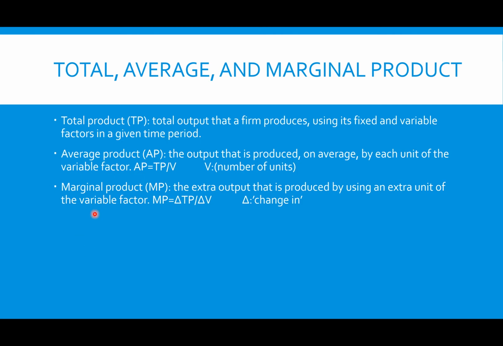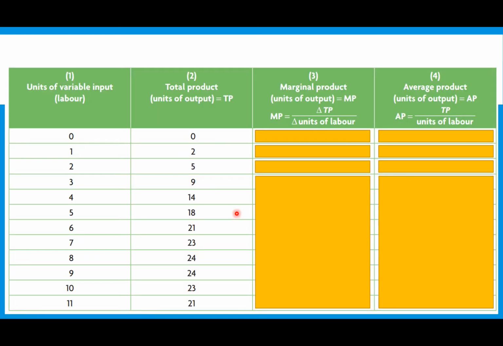The third one, marginal product, MP, is the extra output that is produced by using an extra unit of the variable factor. The keyword here is extra. MP can be calculated by the difference in total product divided by the difference in V. It also shows the slope of the tangent of the TP curve. Yeah, you probably don't know what I just said. You'll see. Delta means change in.